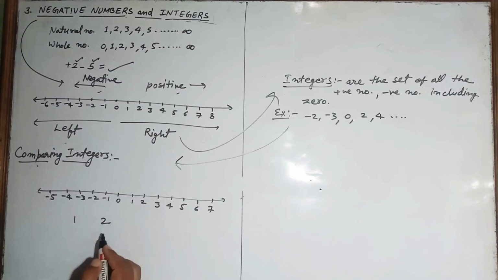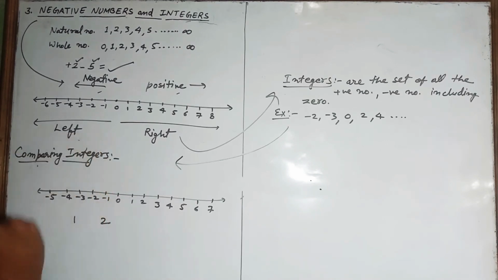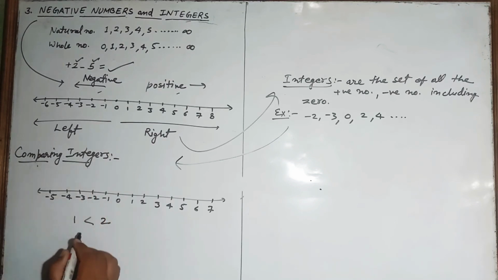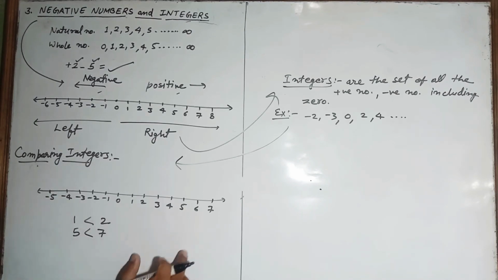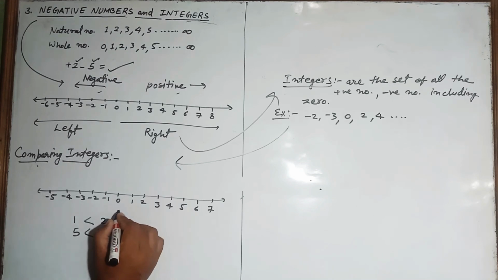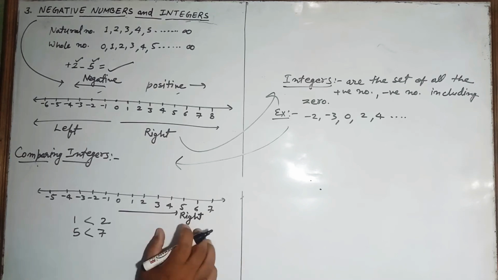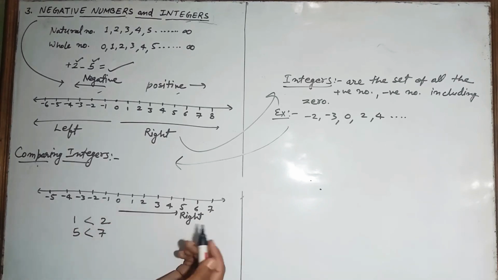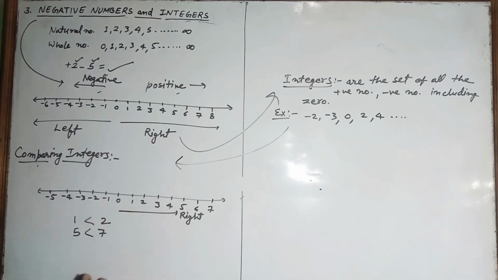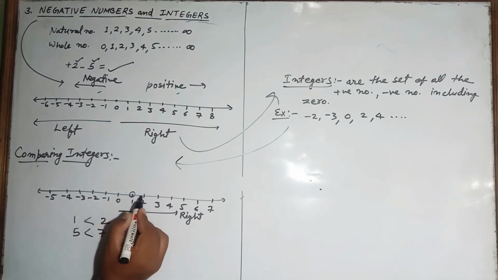Obviously you know that the positive number with greater value, so this one will be greater. If I ask 5 and 7, which number will be greater? You can say that 7 will be greater. It means you are seeing on the number line that the right hand side value is greater than the left hand side value. Like from 1 and 2 you can see here is 1, here is 2.